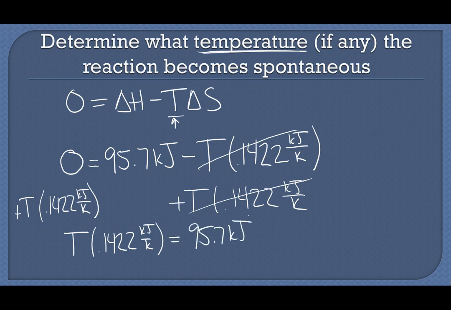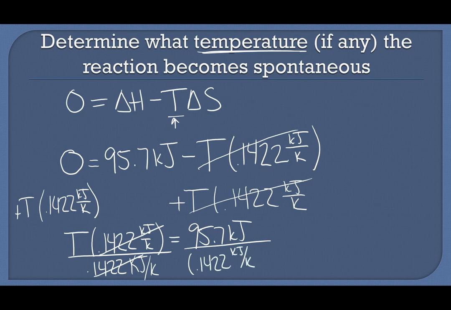95.7 kilojoules. To get T by itself, I'm going to divide by 0.1422 kilojoules per Kelvin, so the Kelvin cancels. Divided by 0.1422 kilojoules over Kelvin.